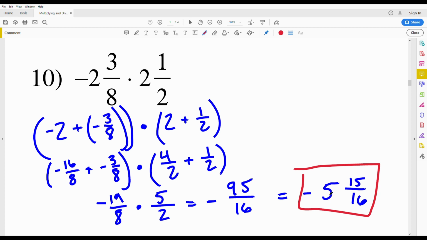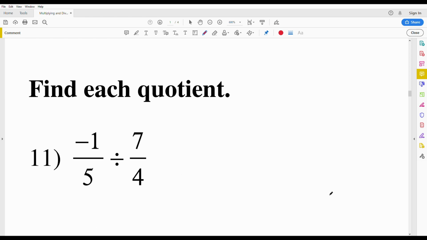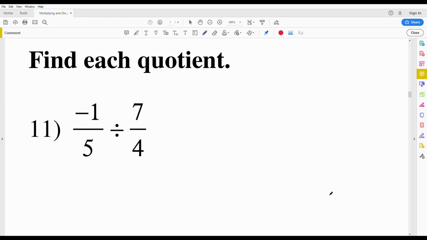Let's continue on to the second page. Now in the second page, we're going to be finding each quotient, and I'm going to make this super easy on ourselves. Ready? When we divide by a fraction, don't forget, it's the same as multiplying by the reciprocal. Now, what exactly is the reciprocal? The reciprocal is that fraction flipped. So, as opposed to having negative 1/5 divided by 7/4, I'm going to write this as negative 1/5.